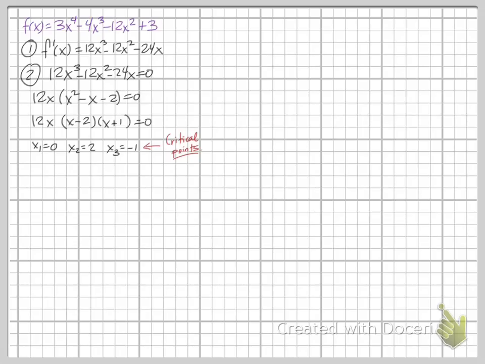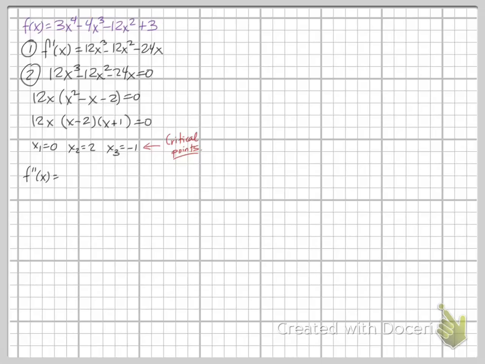Now, remember that what we did was to use the first derivative to find out which one of these was the maximum or which were the minimum points. But in this case, I'm going to use the second derivative. So I'm going to find the second derivative down here, and use it to identify which one is what, either a maximum or a minimum point.